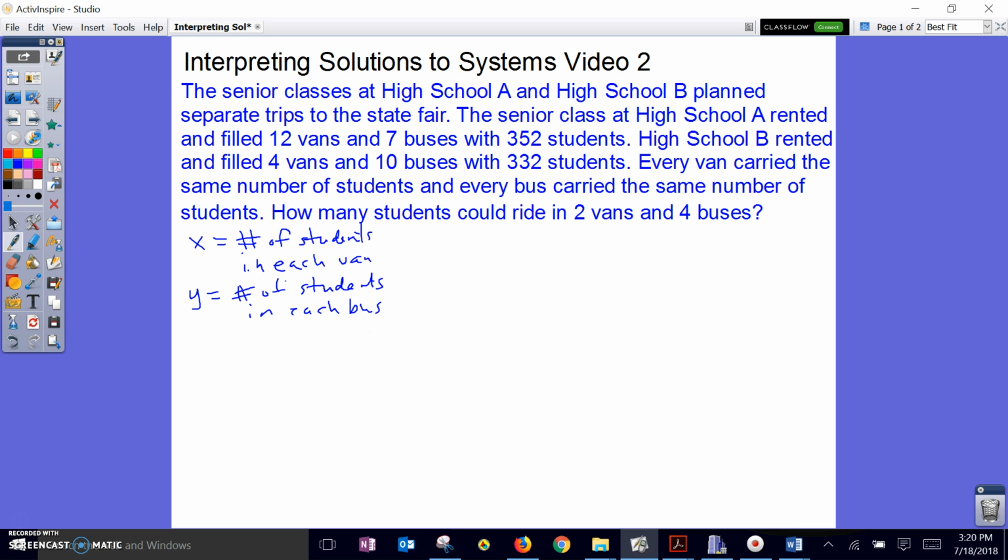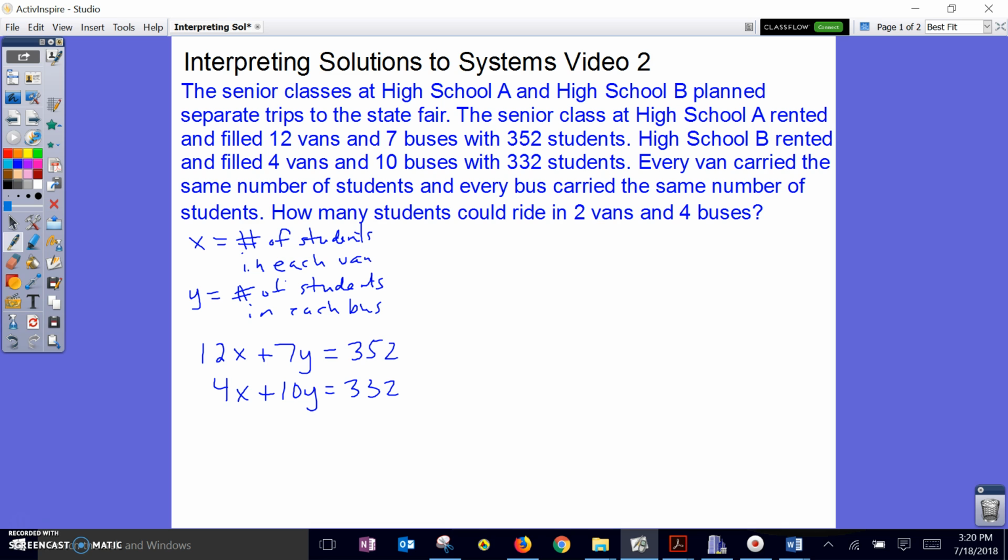And then we can write the system: 12x plus 7y equals 352, and 4x plus 10y equals 332. Since both of these equations are in standard form, I want to use elimination here.